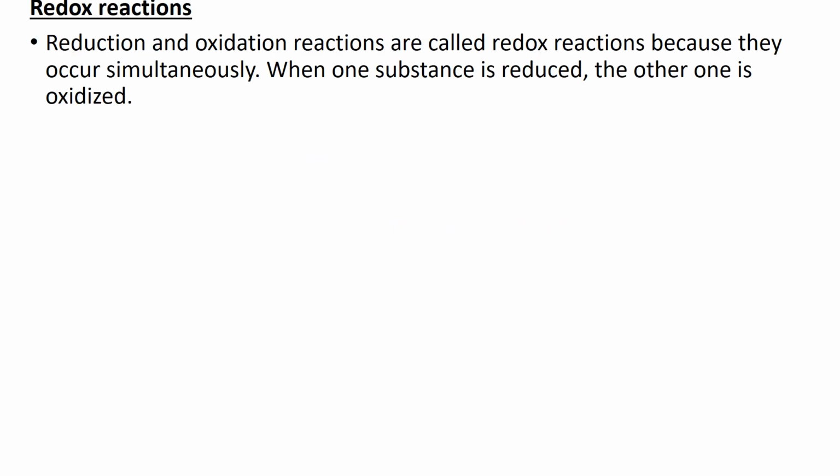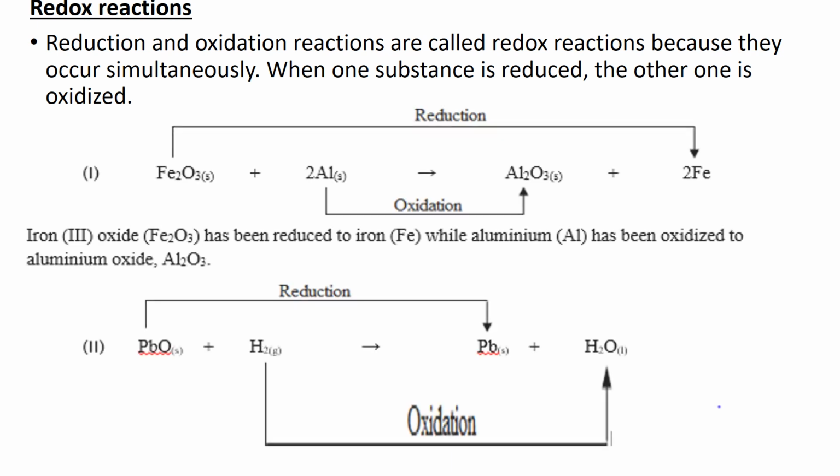Next, we look at redox reactions. Reduction and oxidation reactions, like I mentioned, are called redox reactions because they occur simultaneously. When one substance is reduced, the other one is oxidized. So redox reactions are reactions in which one substance is reduced and the other is oxidized at the same time. Here are some examples.